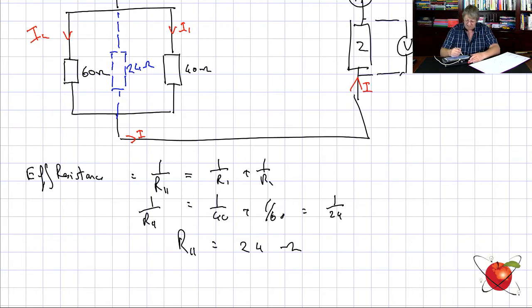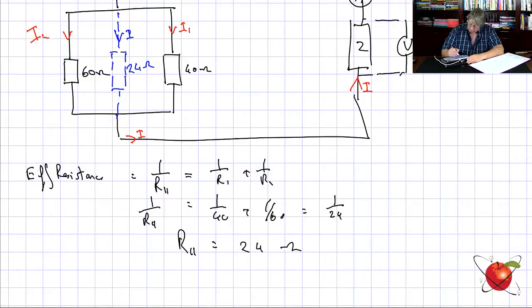What can I say? Now remember, that's now I going through there, isn't it? Because I've cut the two resistors out and replaced it with one. Correct? So what do I say? I say that is the full current. Do I know it? Yes, I do. Look at this. We know that current. Therefore, I can work out V over there, can't I?